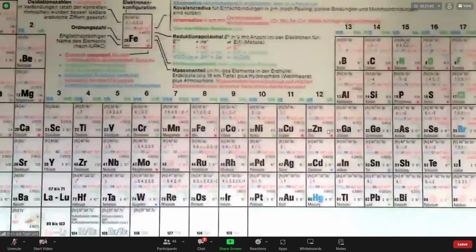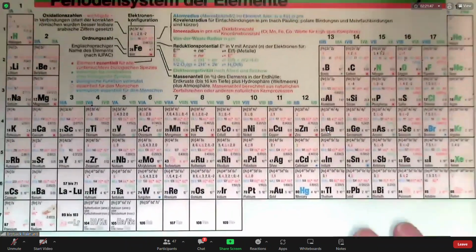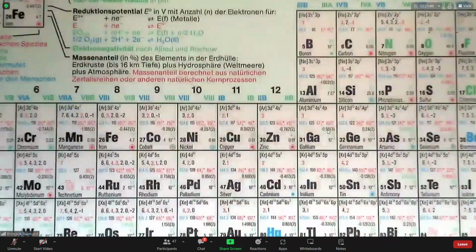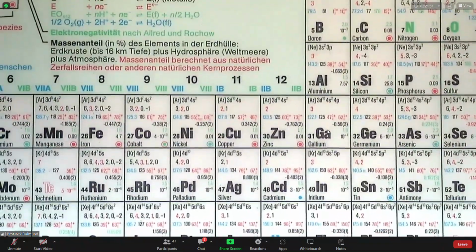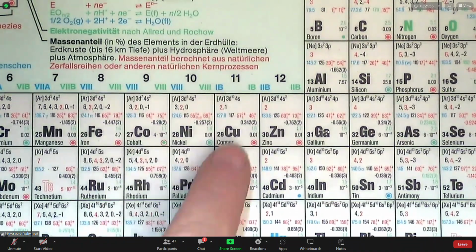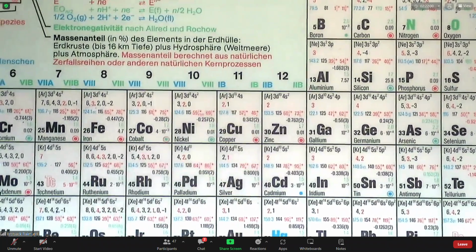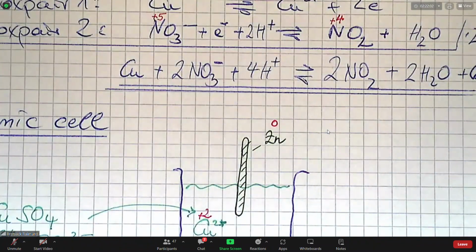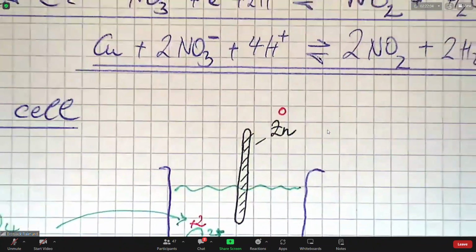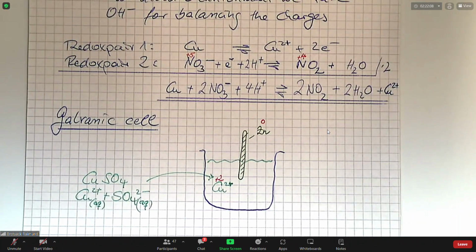When we look to zinc, let's have a look to zinc. Can you find it? What is the typical oxidation number? +2. Same as in copper. The main is +2. It could be +1. Here we have the +2. So there will be a reaction of zinc.